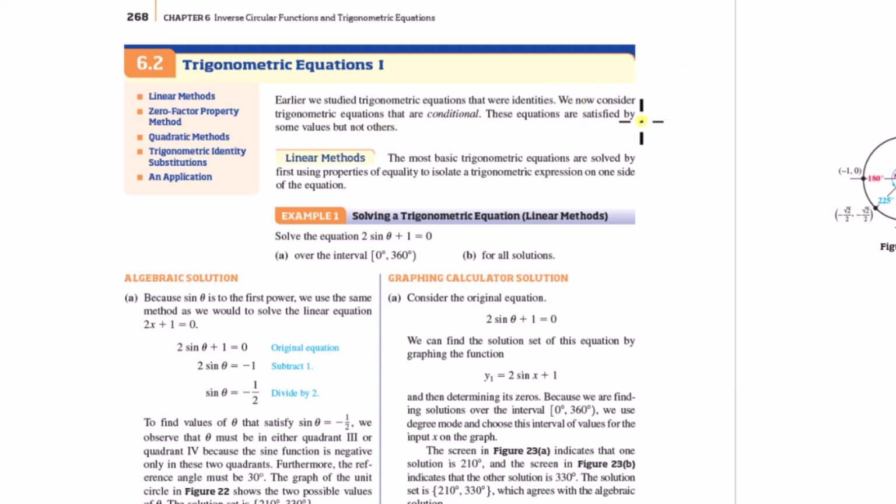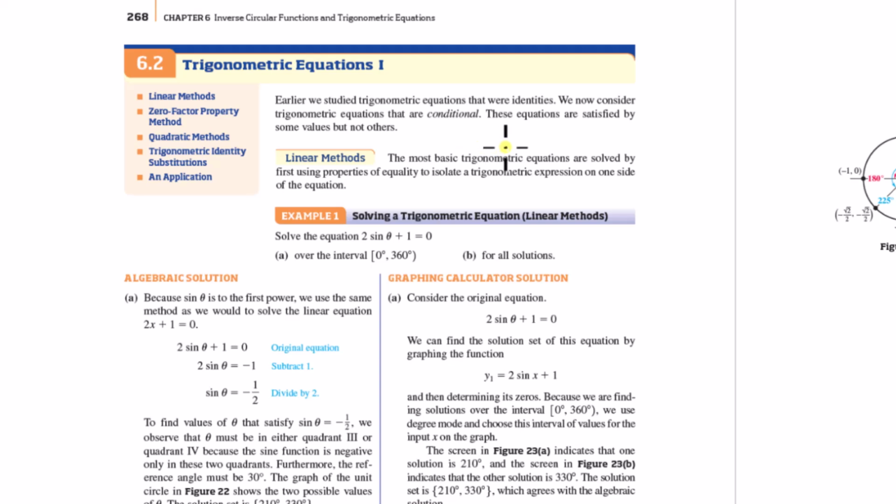In the case of conditional, most of the time in algebra, you had one or two unique solutions. X is equal to 5, but for quadratic equations, you could have two solutions. You had just a finite number of solutions. But the technical definition of a conditional equation is that these equations are satisfied by some values but not others.